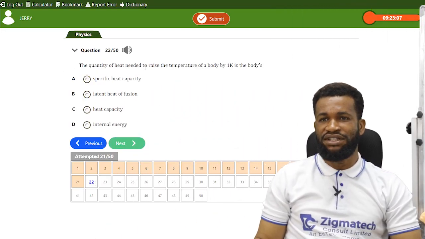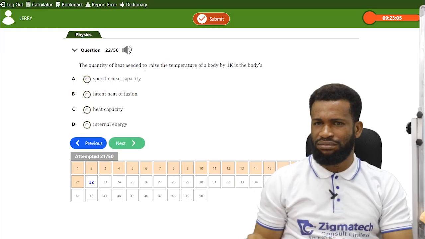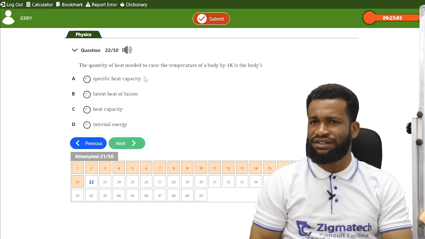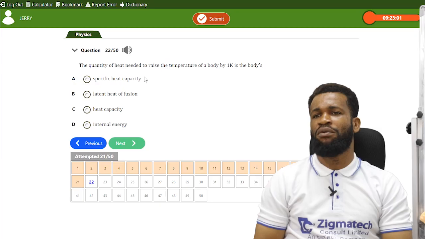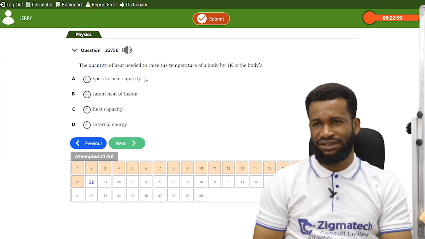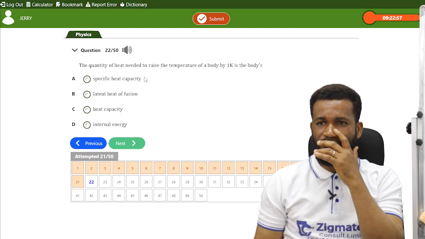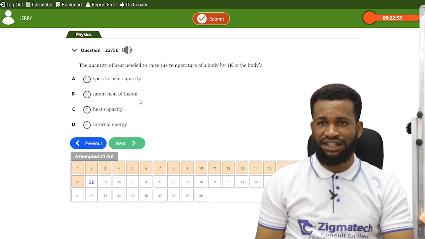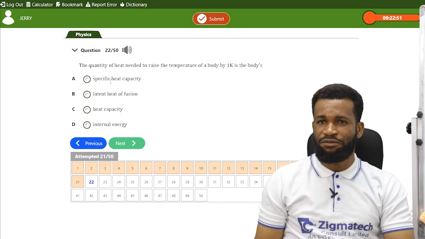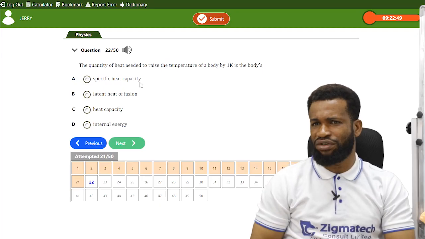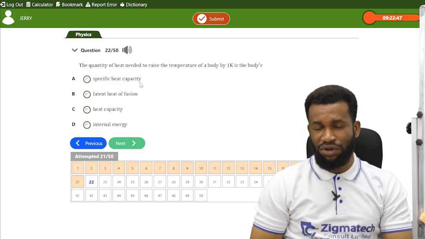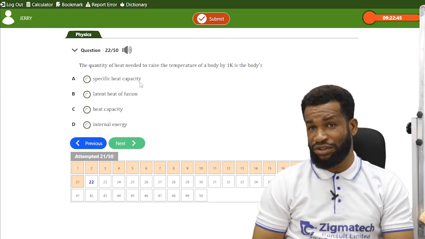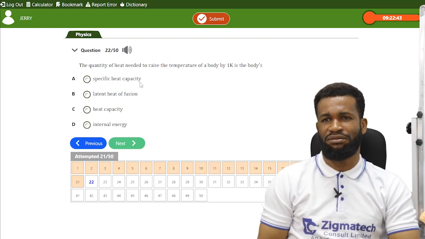The quantity of heat needed to raise the temperature of a body by 1 Kelvin is the body's: specific heat capacity, latent heat of fusion, or heat capacity? Specific heat capacity is the quantity of heat needed to raise the temperature of a unit mass of the body by 1 Kelvin.